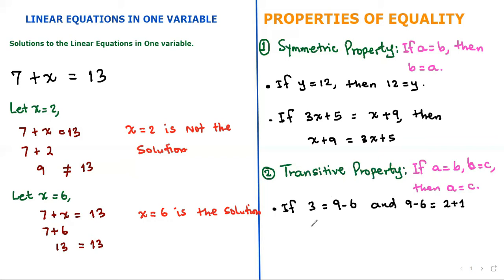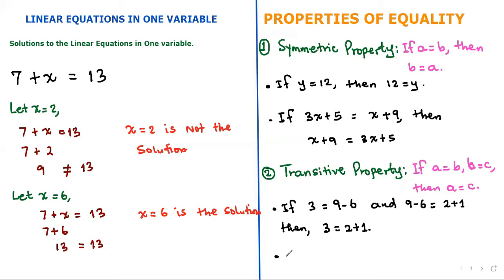So then, this means that 3 is equal to 2 plus 1. That's what we call the transitive property.